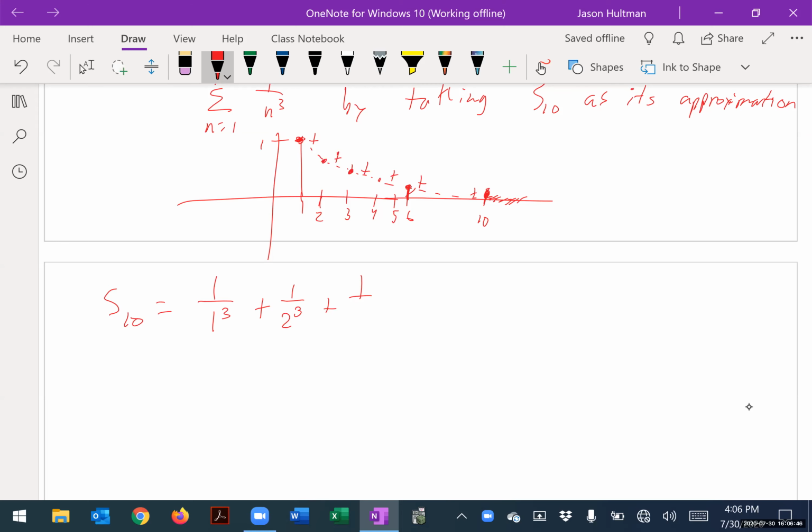So we have 1 over 1 cubed, 1 over 2 cubed, 1 over 3 cubed, 1 over 4 cubed, 1 over 5 cubed, 1 over 6 cubed, 1 over 7 cubed, 1 over 8 cubed, 1 over 9 cubed, and 1 over 10 cubed.